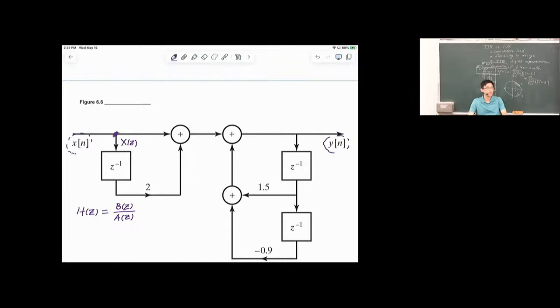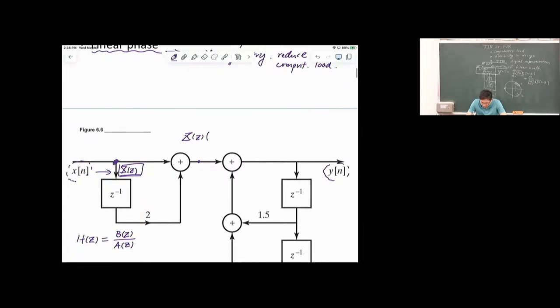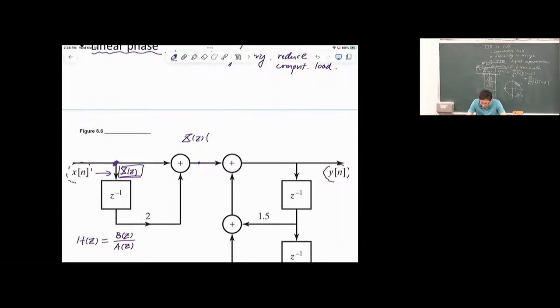It turns out that it's easier to put things into the Z transform notation. So the signal right here after Z transform is denoted as big X of Z. Then right here we should have X of Z times (2 Z inverse plus 1).